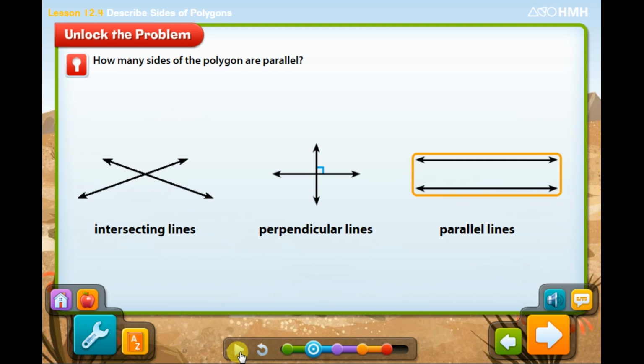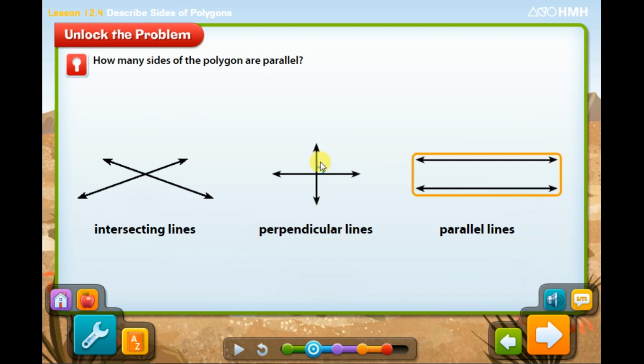Okay, so let's review the types of lines. Intersecting lines are lines that meet at a specific point. So they cross or meet or intersect or cut each other at a point.